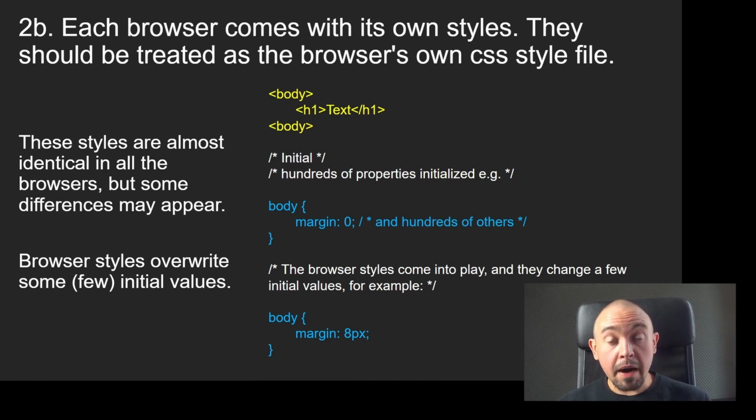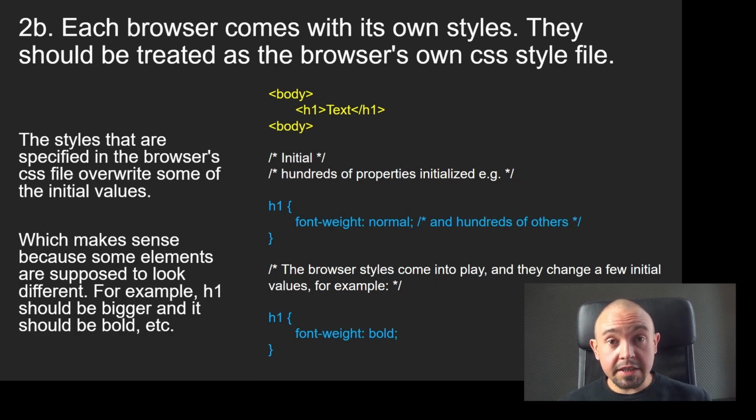Thanks to this, by default, the body element has a margin of 8 pixels, although in the specification, the initial value for this property for all the elements is 0. The browser styles override the initial styles because they are more important, and this is what cascading is all about. The browser determines which rule is more important and which one should be applied.